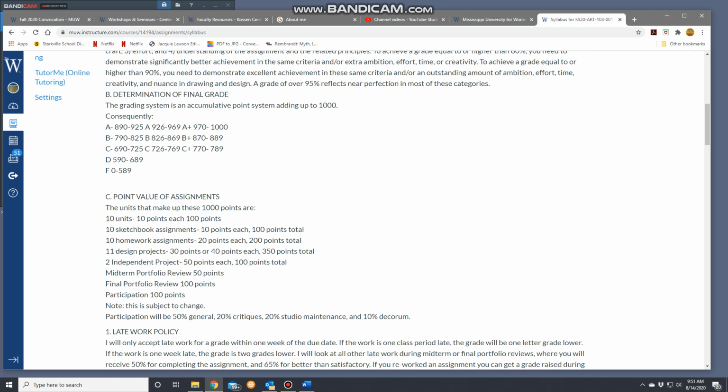One of the biases of a grading system like this, a cumulative grading system with lots of small assignments, is that it's biased towards consistency, meaning that to get a good grade in the class overall, you have to not only do great work periodically, but you have to do good work most of the time. You have to stay up with everything and you have to do all of your assignments.